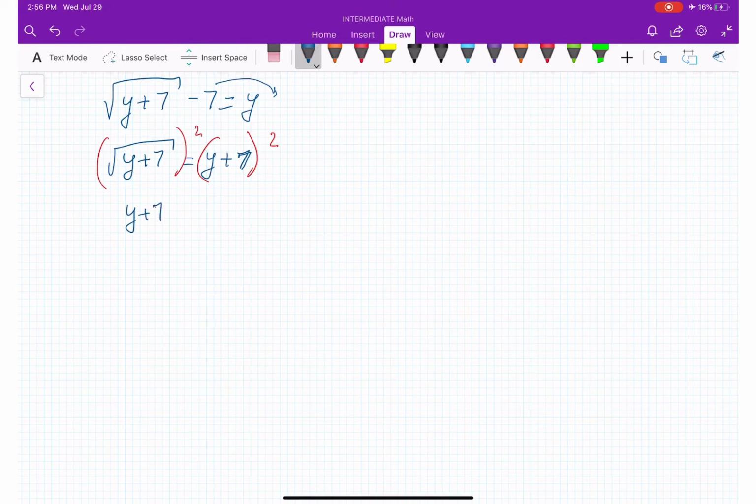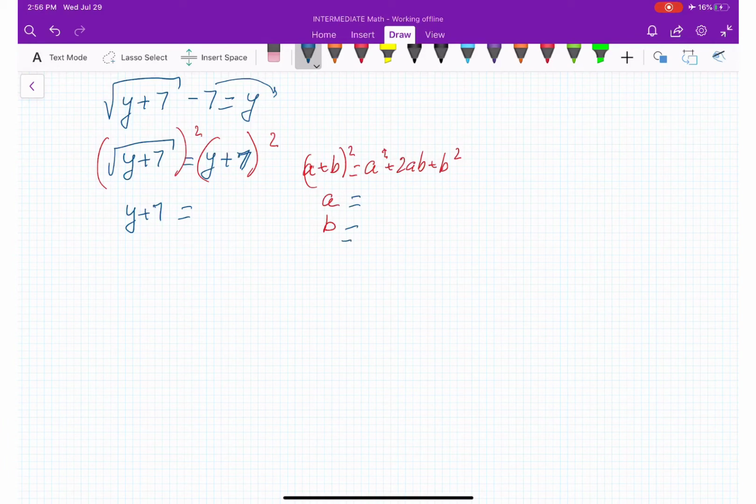Different story on the other side. I'm going to use a squared plus 2ab plus b squared. So let me move it closer. How much are my a and b? I don't hear.